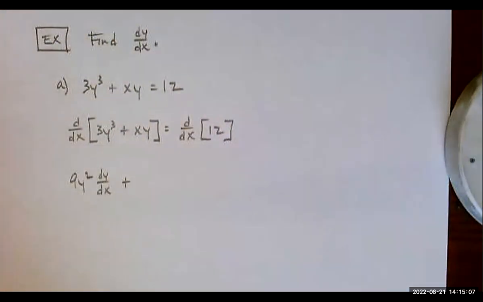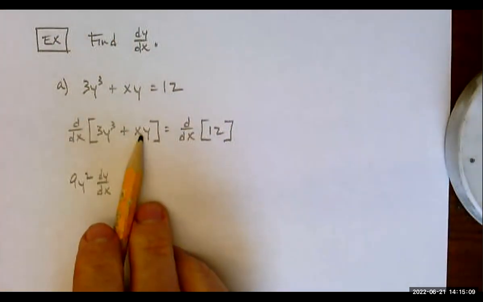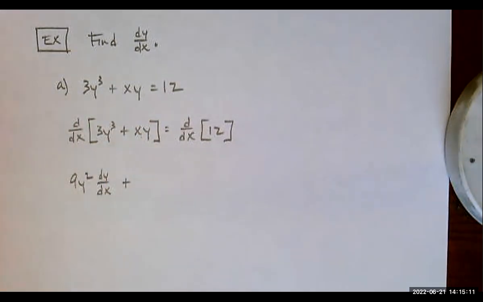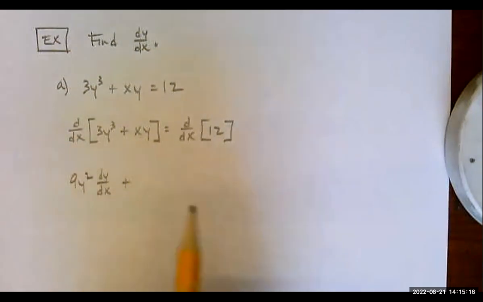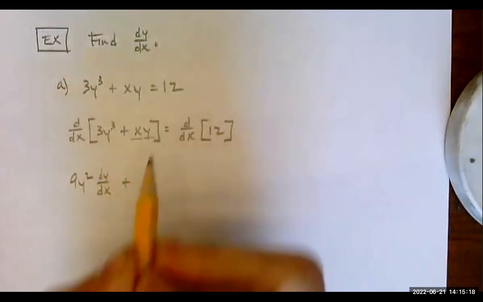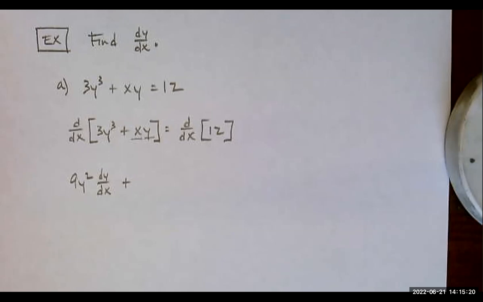Plus, moving on, xy. All right, here's where we really have to be on our game. x times y is a product. We're multiplying two variables, so we have to apply the product rule here. That is so easy to miss, especially when you're first learning this new idea of implicit differentiation.